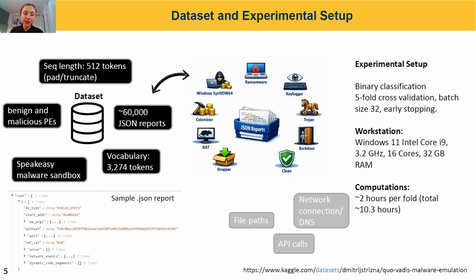This is a binary classification task, and five-fold cross-validation is used, together with a batch size of 32 and early stopping. The training was conducted on a workstation with an Intel Core i9 and 32GB RAM. Training takes about 2 hours per fold, and in total roughly 10 hours.